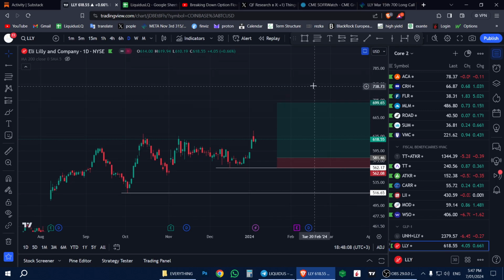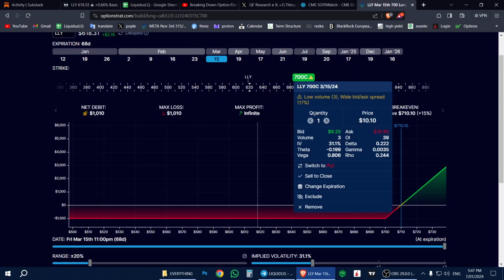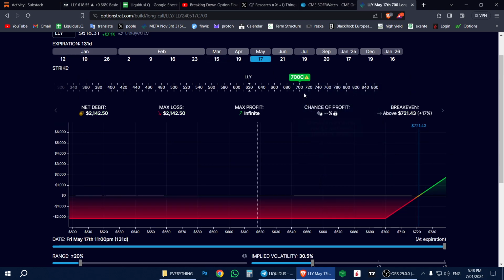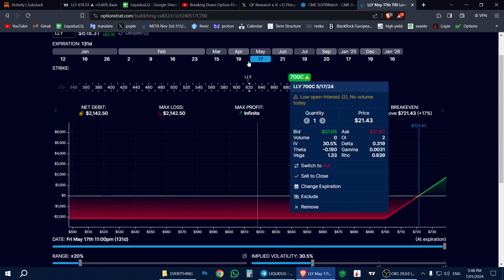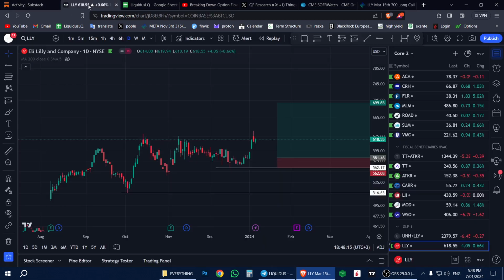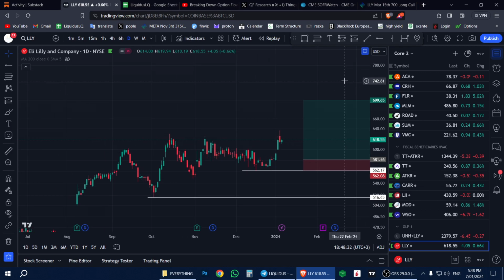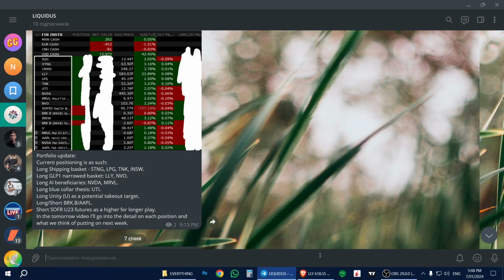It offers an asymmetric return. We believe that buying those out of the money calls will make a lot of sense to us, honestly. May costs 2,100. So this is the idea: maybe buy out of the money calls on Lilly as well. This is the other play that we're looking at.